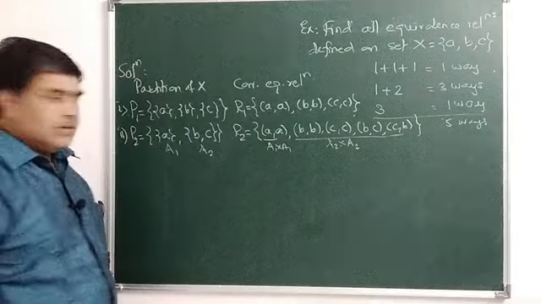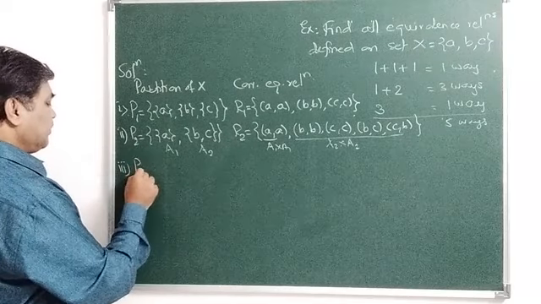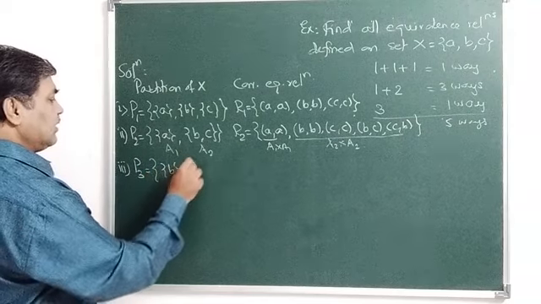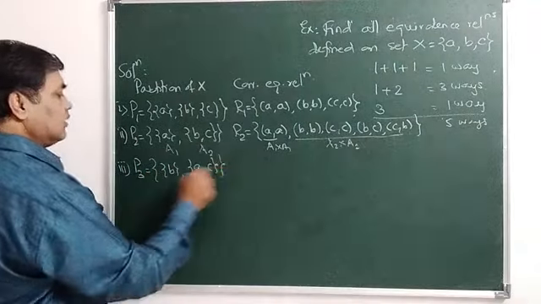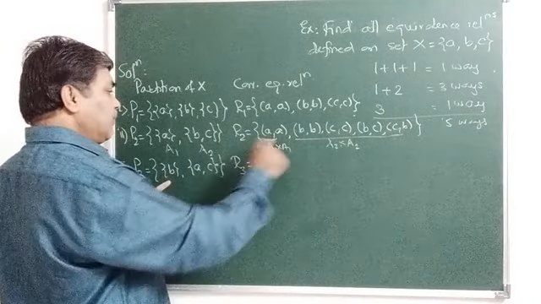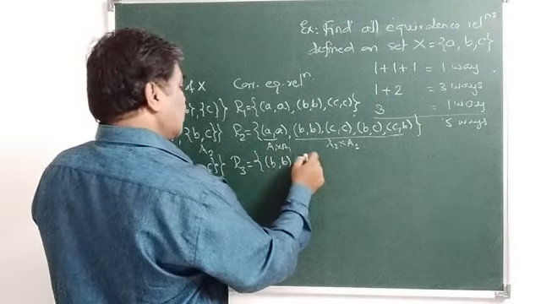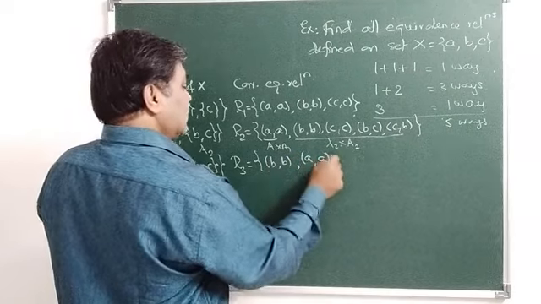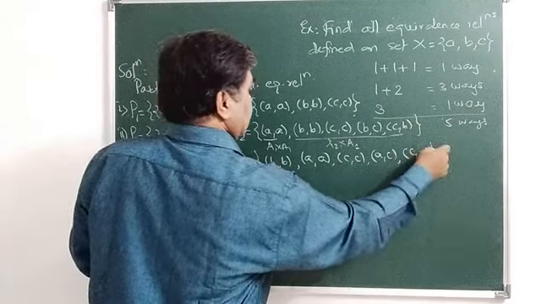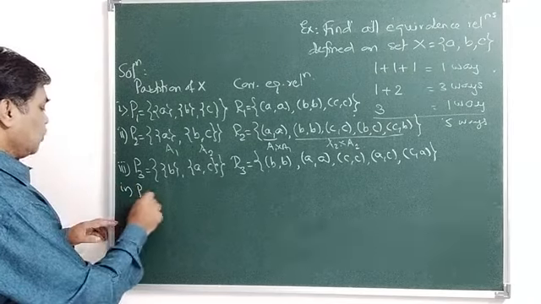Is it clear? On the same line, we have two more partitions of this type. P3 is nothing but singleton B, AC. Again, we'll get the partition that defines the equivalence relation BB, and for this we'll get 4 pairs: AA, CC, AC and CA. One more, P4.